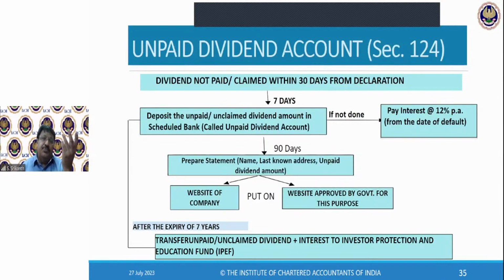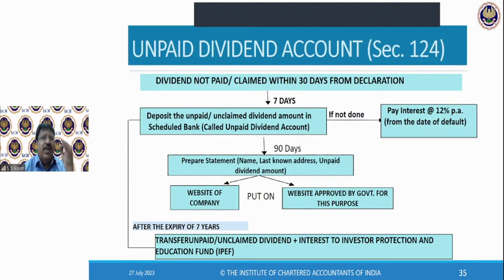What happens? That dividend will be called unclaimed dividend or unpaid, whatever it is, whether unpaid or unclaimed, dividend not paid or claimed within 30 days from declaration. So your duty, dividend once declared should be paid within 30 days from declaration. If the dividend is not paid, then at the end of 30 days, you have to start counting 7 days. 30th day midnight, you have a chance.